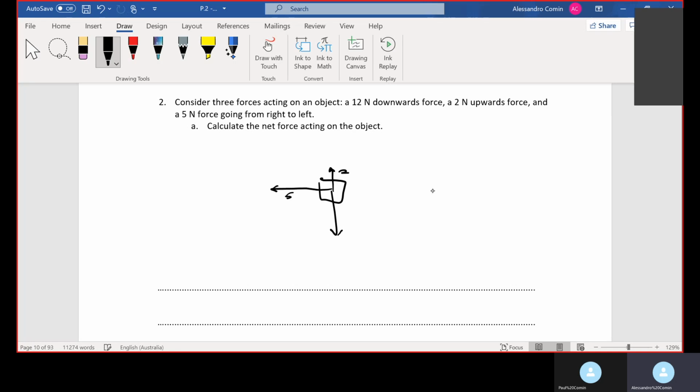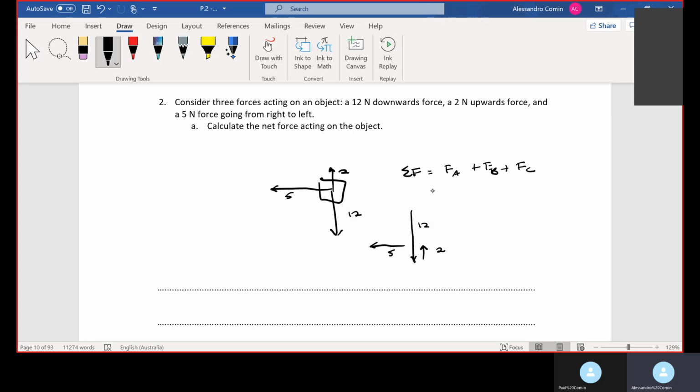So 5, 2, and 12. Remember, the net force is equal to force A plus force B plus force C, and we have to add all these tip to tail. So I'm going to have 12 plus 2 and then plus 5.